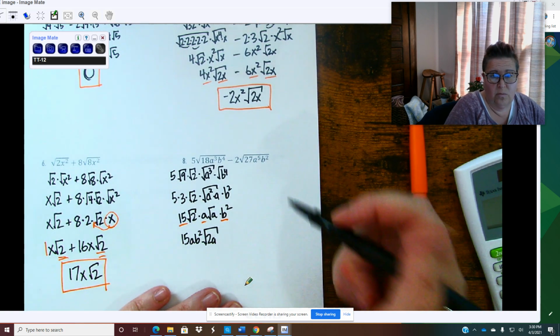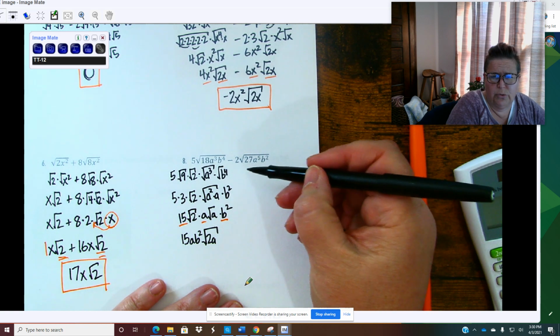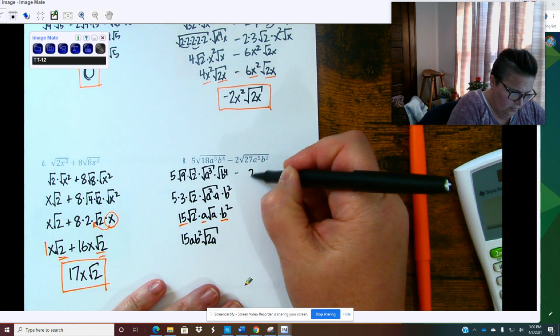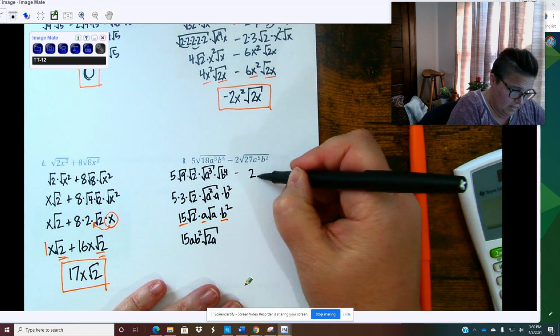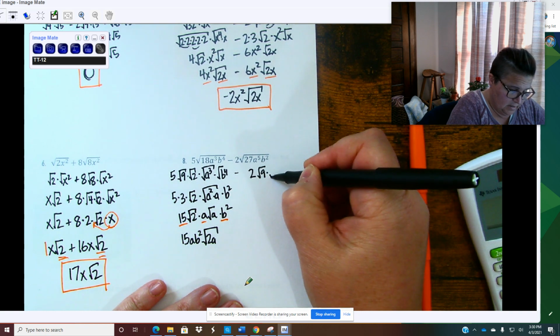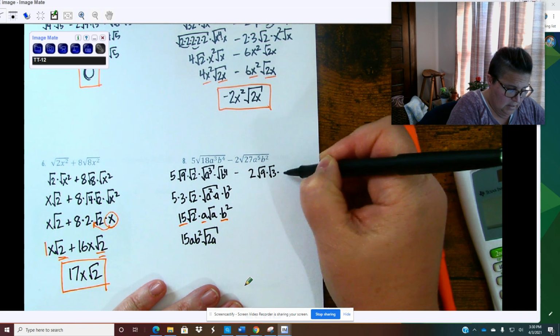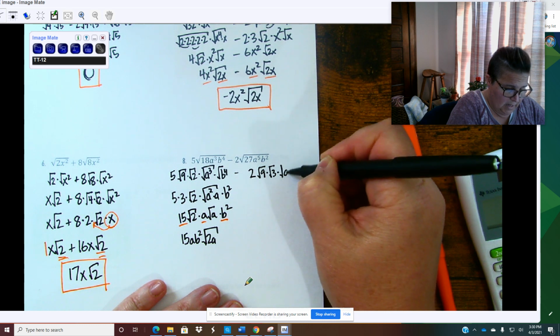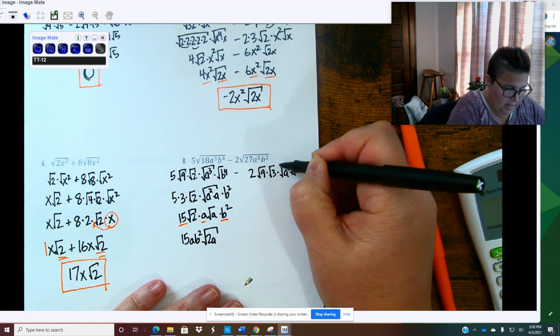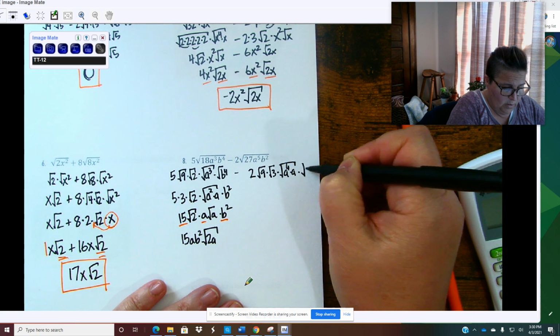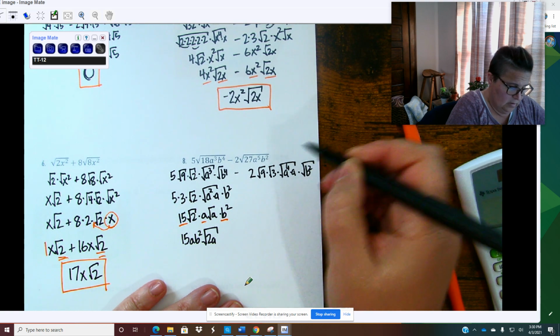Now for the other one, I'm going to have a 2 out front. The square root of 27 is the square root of 9 times the square root of 3. A to the 5th would be a to the 4th times a, times the square root of b squared.